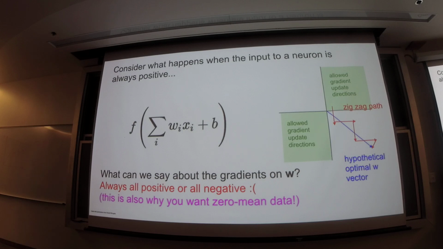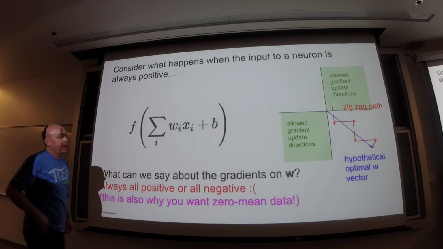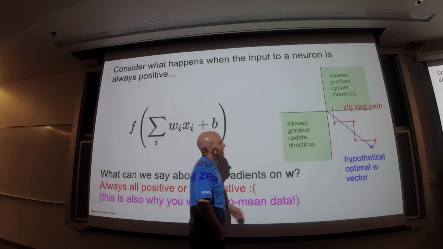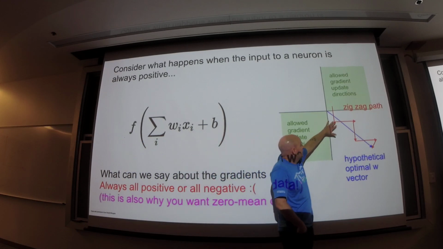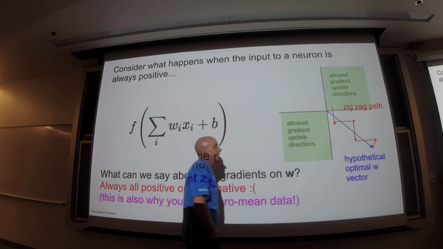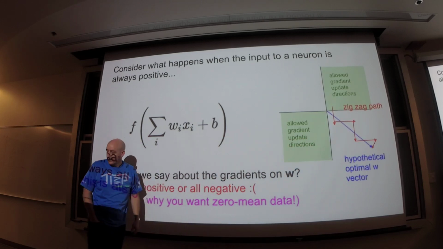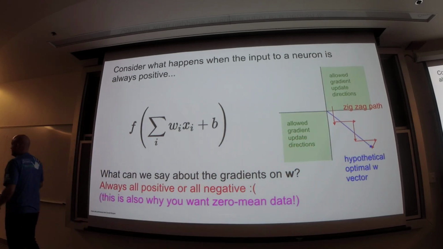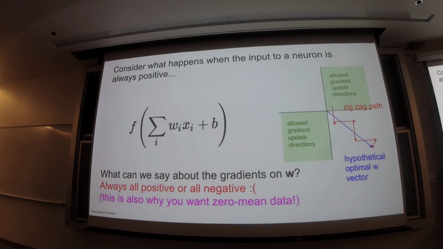Well, I don't know if you can say tons, but what that means is that either our gradients are going to be always positive or always negative. So we have to walk in these really not optimal ways. If we're trying to go in some diagonal direction that has both positive and negative values in it, we can't do it.